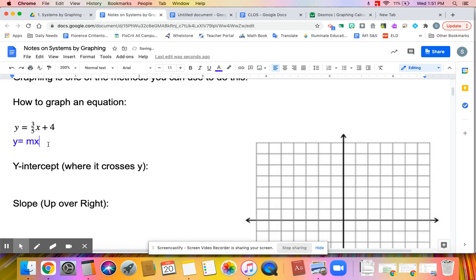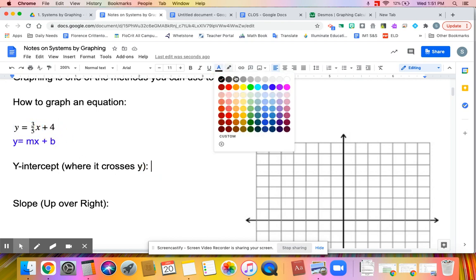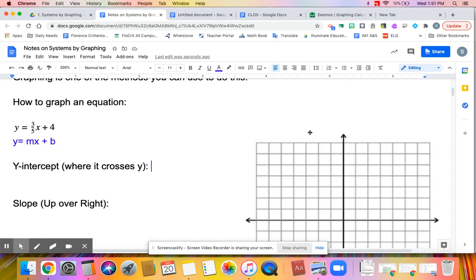And then you put the x next to the slope, because that's what you're growing by. And then you're adding your b, and your b is your y-intercept, the amount we start with. Because at 0 time, we start with 4. So the y-intercept, the b where it crosses y, is the b in the equation.